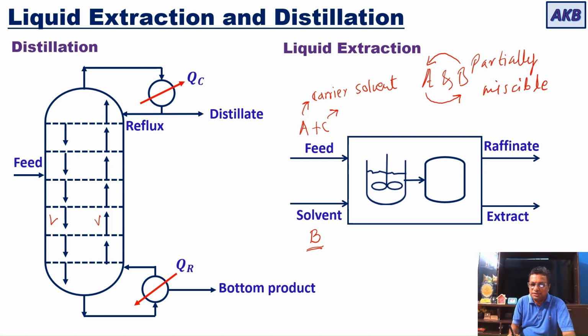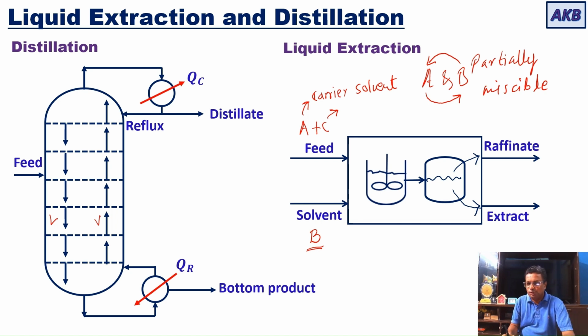So what happens when the two liquid phases are mixed thoroughly? The resulting mixture is sent to the settler, which will allow the mixture to settle into two layers. One is removed as the raffinate layer, whereas the other is removed as the extract layer.